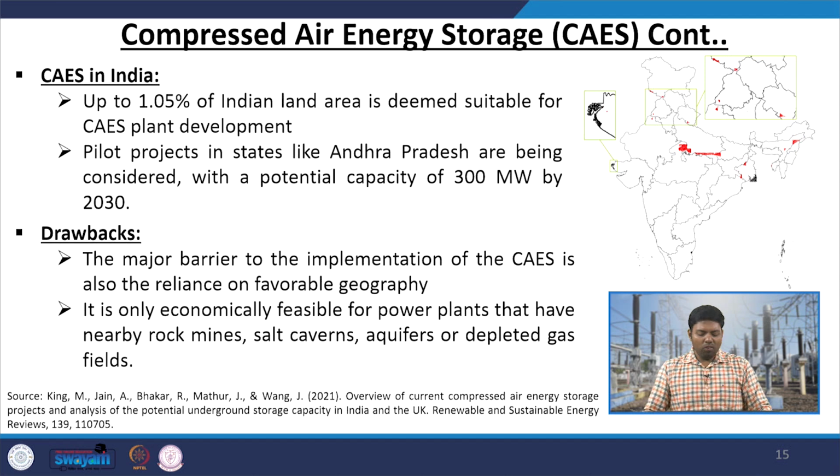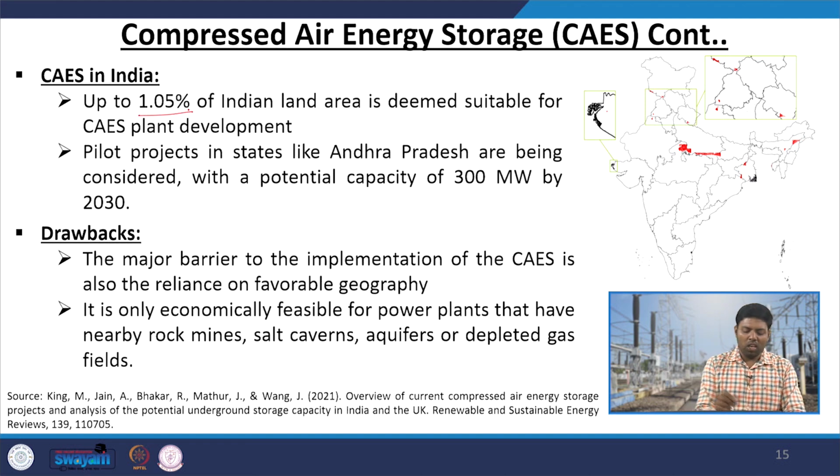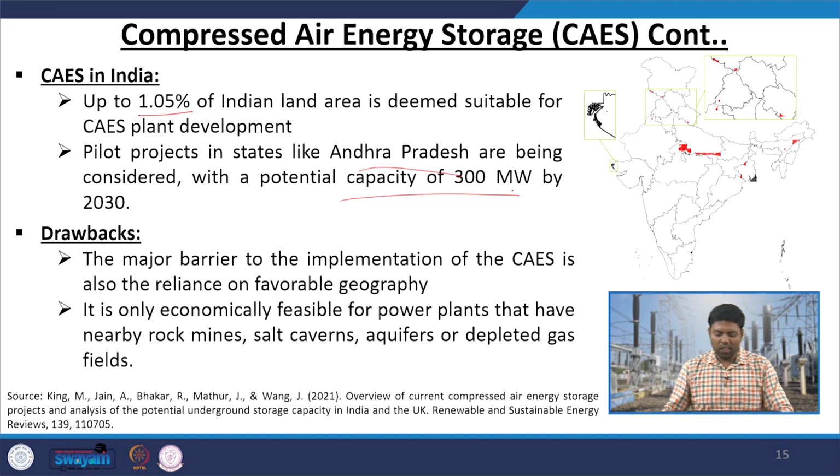So, in India we have very limited facilities of compressed air energy storage. Only 1.05% of Indian land is actually suitable to build compressed air energy storage. A few pilot projects are running in Andhra and they are expected to generate 300 megawatt by 2030.